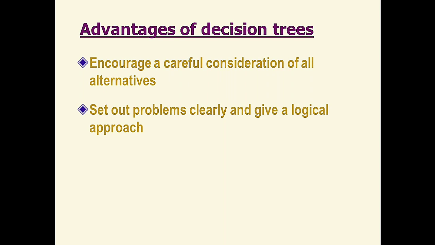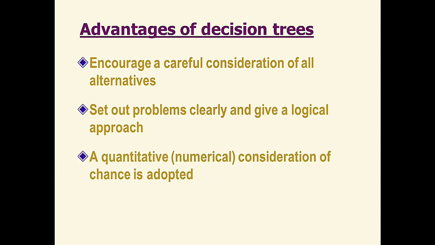It also sets out problems clearly and gives a logical approach, because we are choosing the decision that has a higher expected value, which makes sense because we are choosing the one with the higher gain for the business. And a quantitative numerical consideration of chance is adopted.